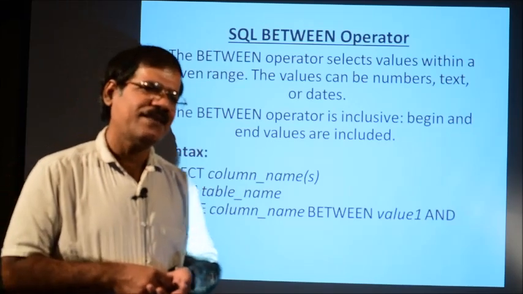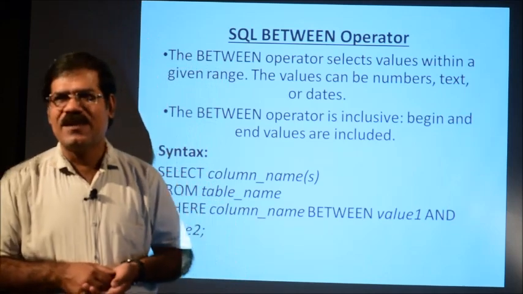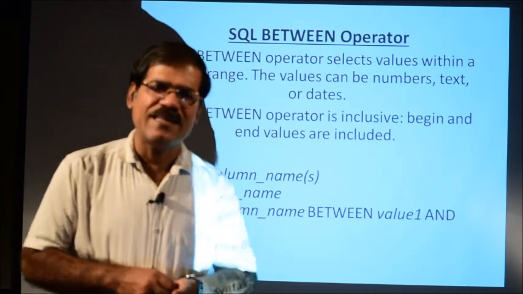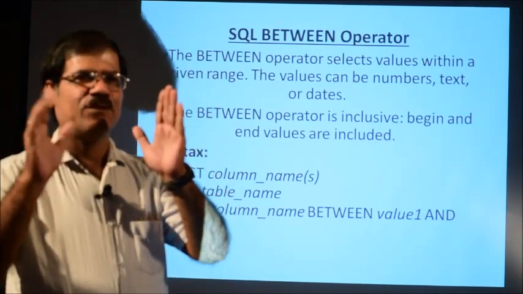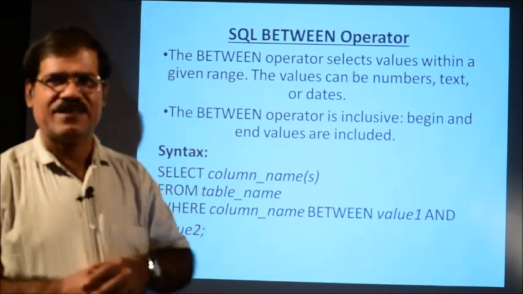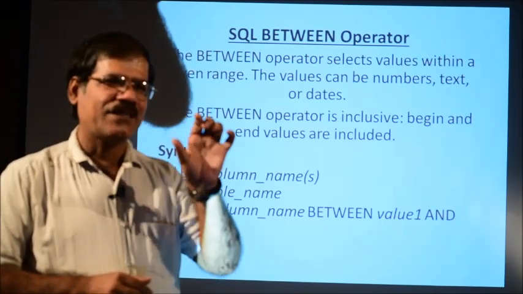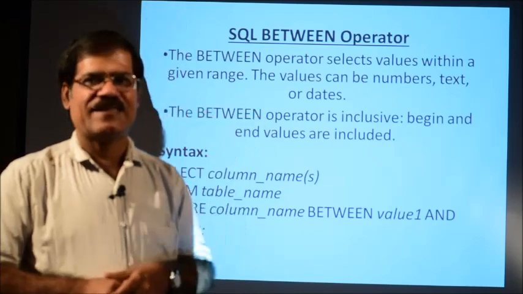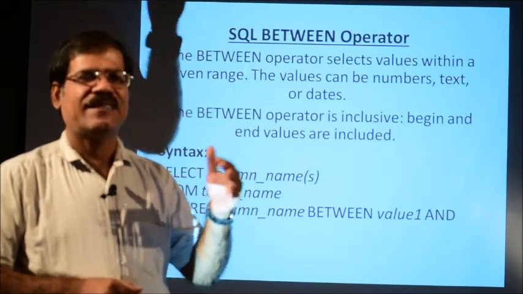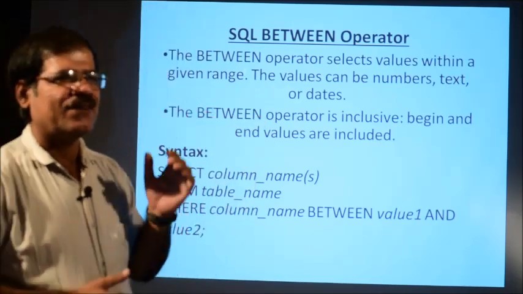But my requirement is to display those employees whose salary is within this range. Suppose 20,000 to 40,000: their details, like name and address, are required to be displayed on your computer screen.